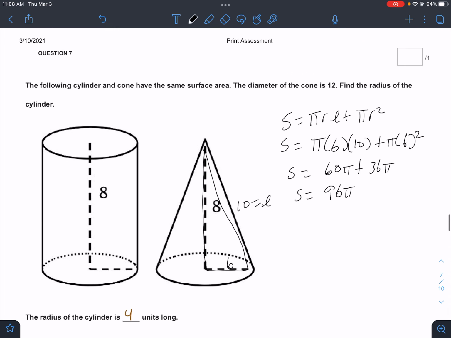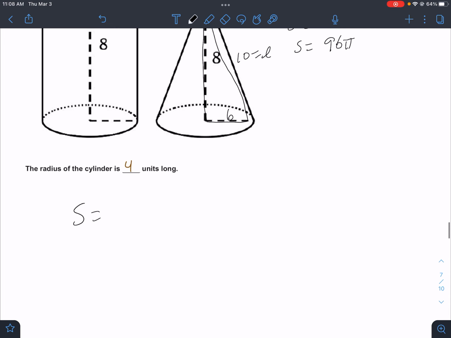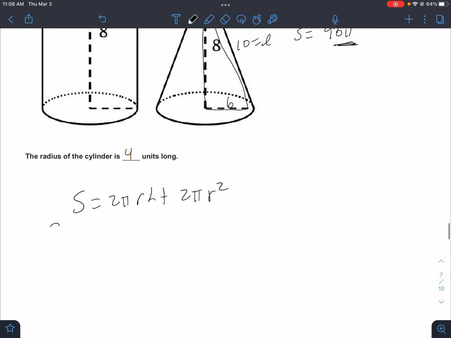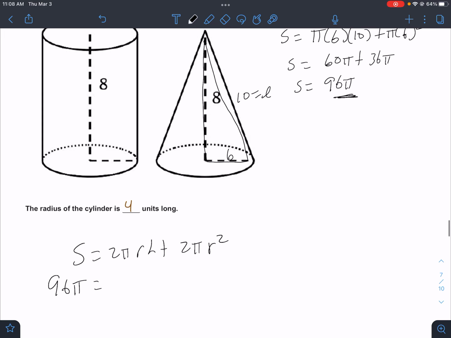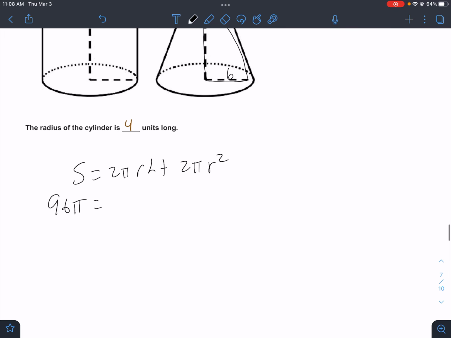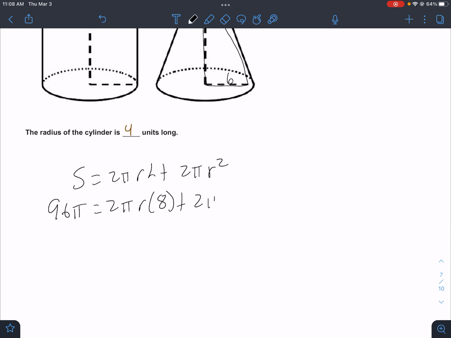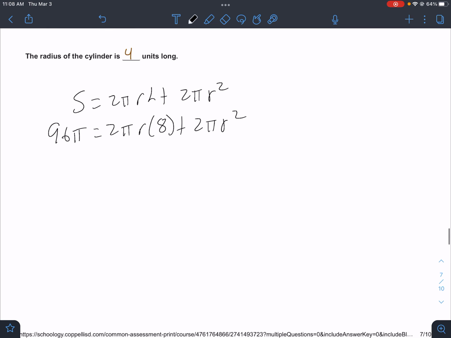All right. Well, the cylinder has the exact same surface area. The cylinder formula is 2 pi r h plus 2 pi r squared. What do we know? We know the S. We know it's 96 pi. We know h, but we don't know r. We want the radius. That'd be 2 pi r times 8 plus 2 pi r squared.